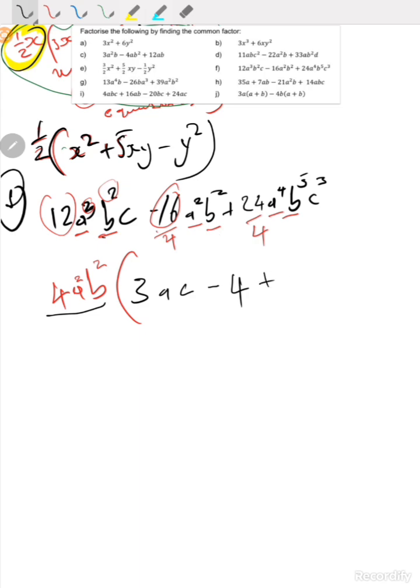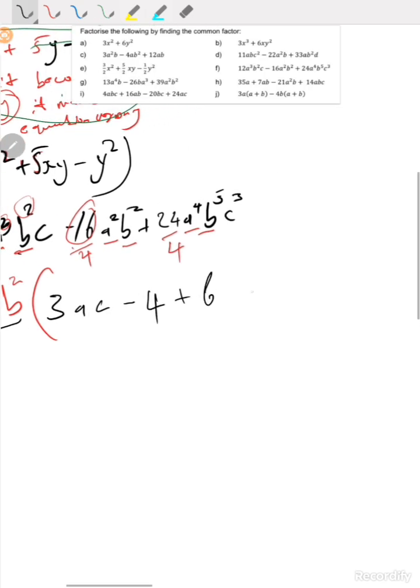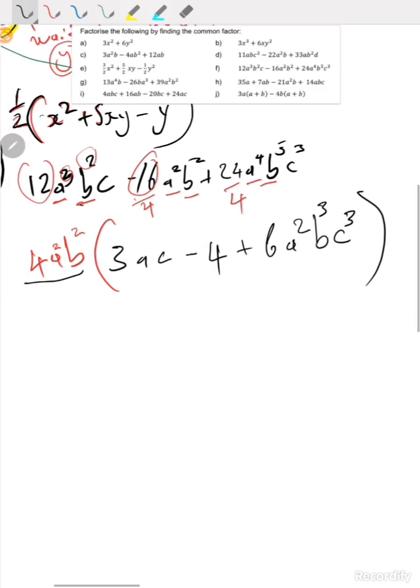Therefore, we have about 6 a squared multiplied by b. If this is 5, then we have a b raised to 3. Then we have our c multiplied by c cubed. Alright, so this is the final answer. This is how you factorize with common factors.